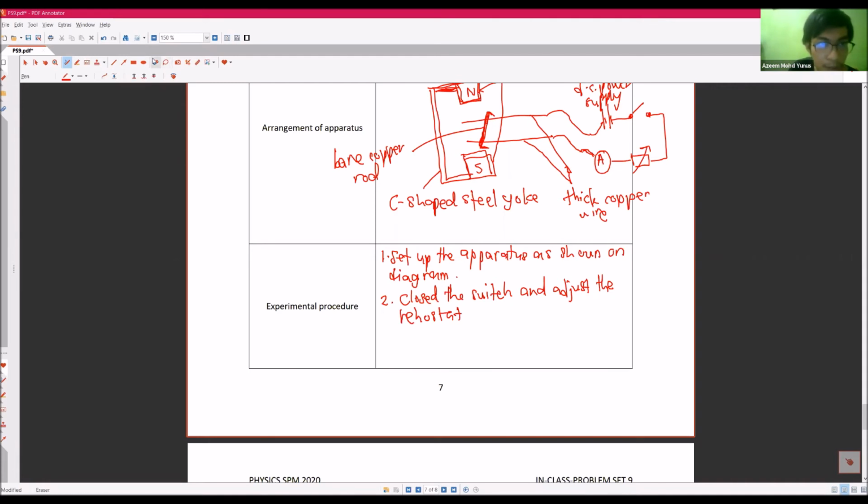I spelled the rheostat already here. So we have to adjust the rheostat to I equal to 0.5 ampere first.